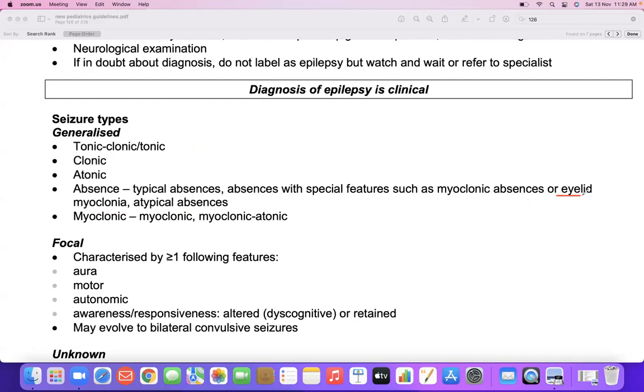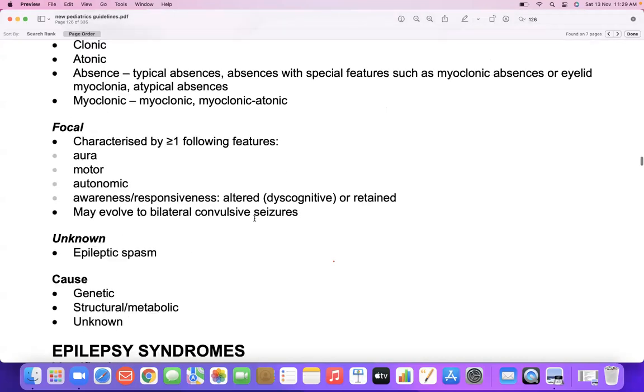Okay, then in myoclonic, you have myoclonic and myoclonic atonic, which can be together. Next is focal.